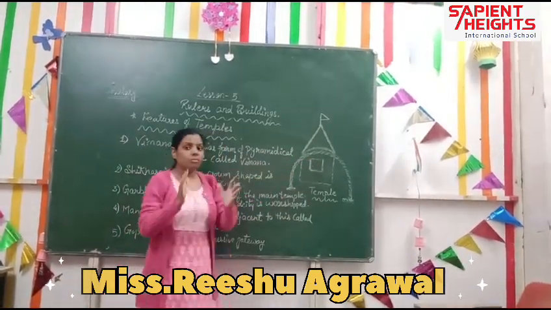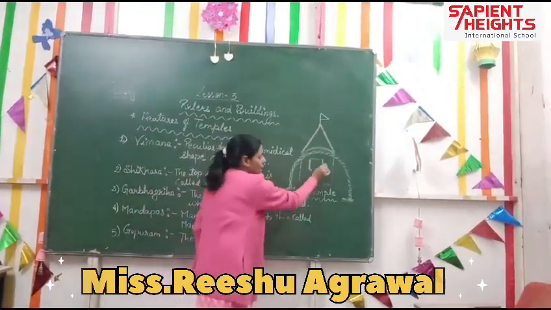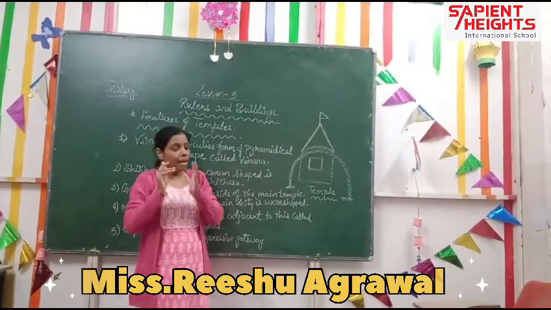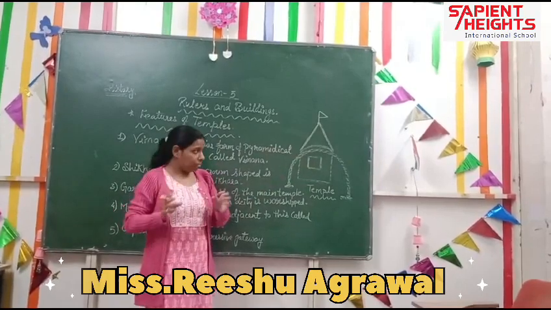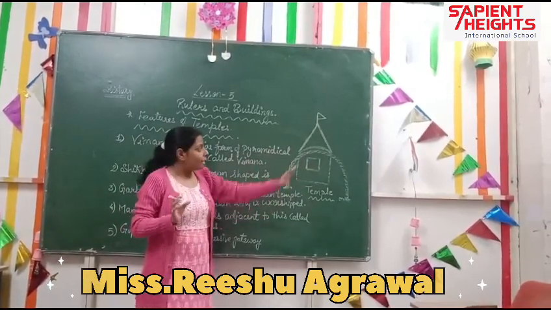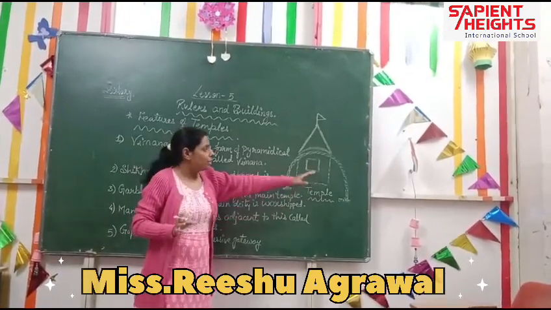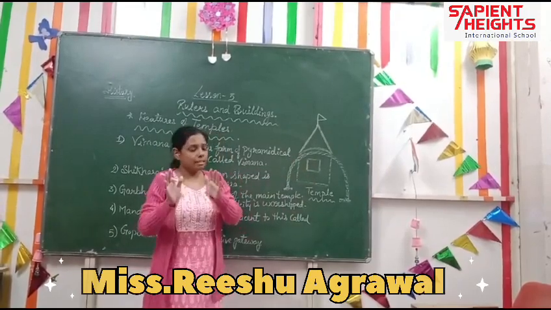Inside the temple where we find the idol of any god or goddess, this part is known as Garbhagriha. Only the pujaris and pandits have the right to go inside the Garbhagriha. In many temples there is a strict procedure about this.